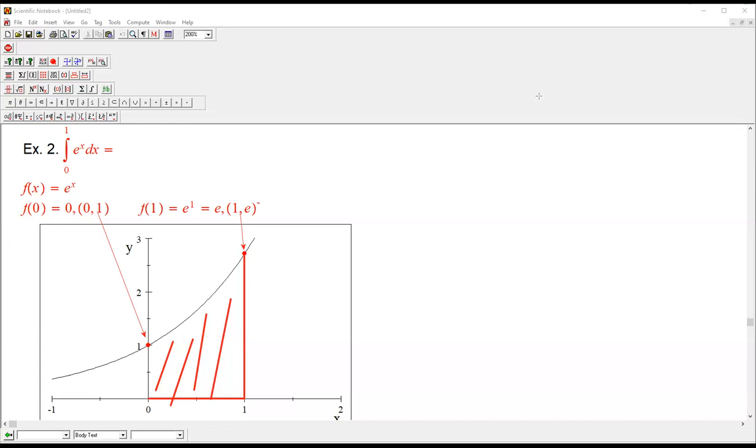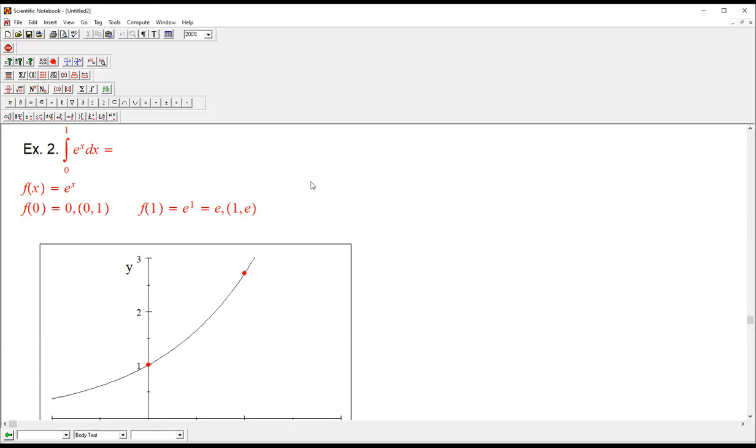Once you understand this notation, next is, what does the fundamental theorem of calculus say? The fundamental theorem of calculus part 2 says that you just have to find the antiderivative. So in that case, the antiderivative of e to the power x.